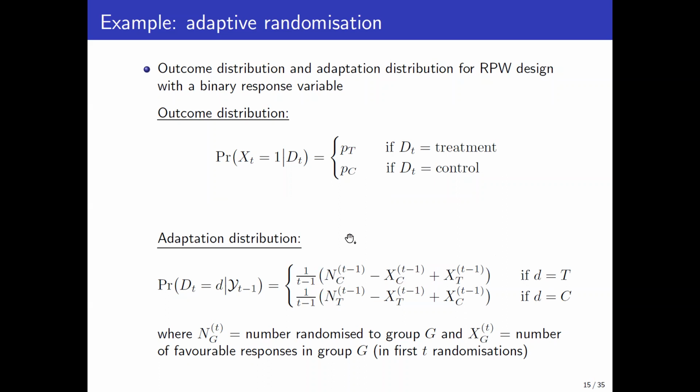We don't really need to unpack exactly what all this notation means, but it basically reflects the fact that the probability distribution of the treatment allocation will depend on the number of successes and failures that we've had in the previous observations. An interesting thing to note here is that this adaptation distribution doesn't depend on the treatment effect, and we'll come back to that in a minute. But they're just an example of those two distributions within one of our examples.